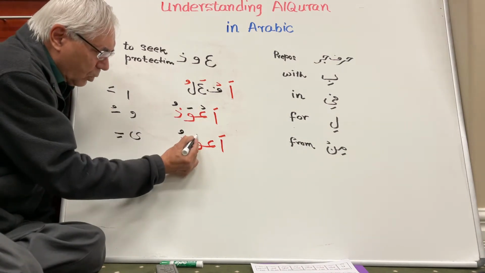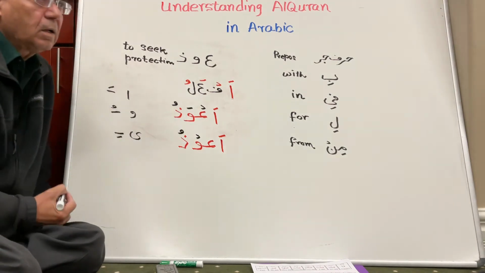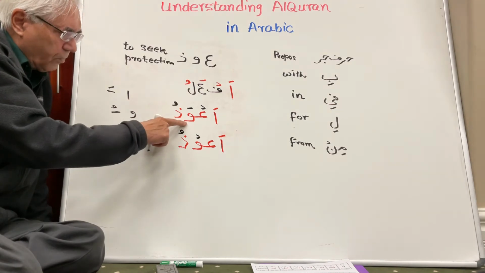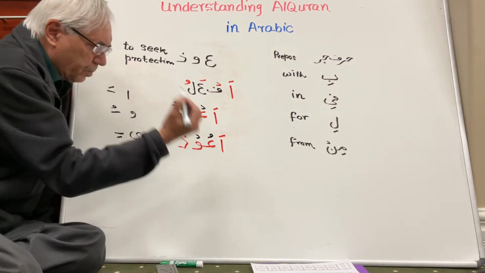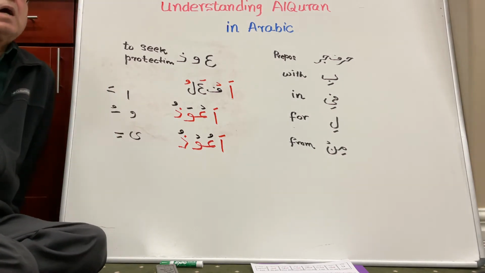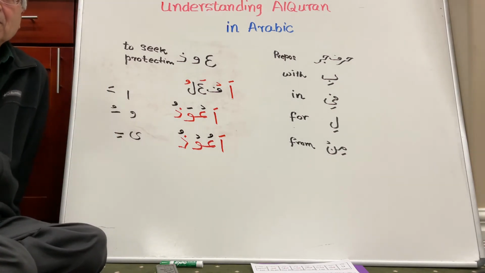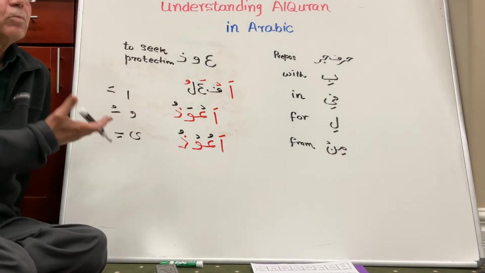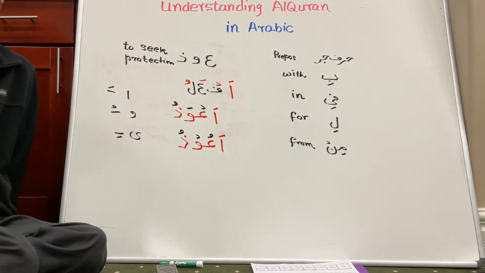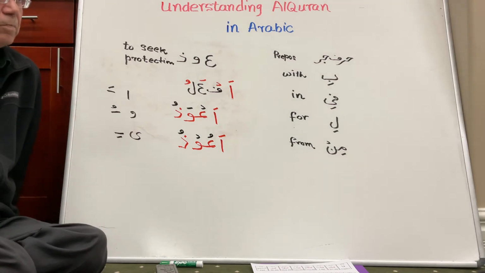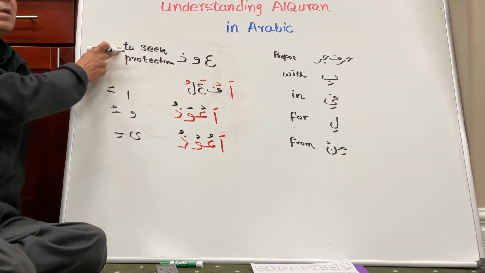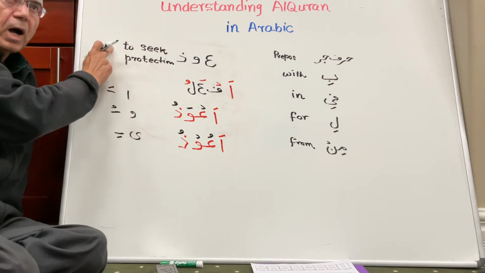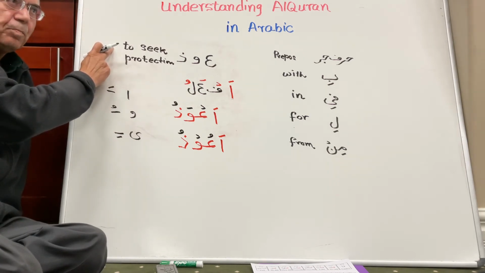This sukoon I'm going to bring on here, and the sound of waw is pesh, so I'm going to put that there. Now see how easy you pronounce it. All the time we say a'udhu, a'udhu billahi. What is the meaning? I seek protection, because alif is for I, present tense.